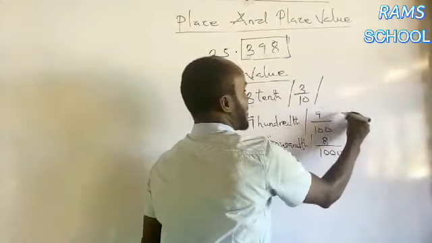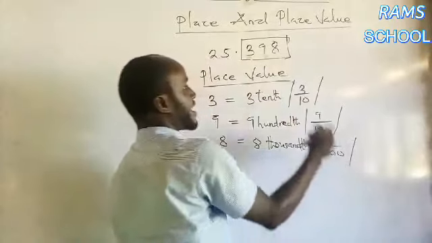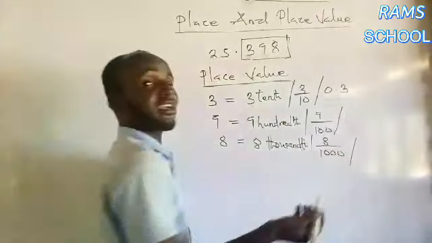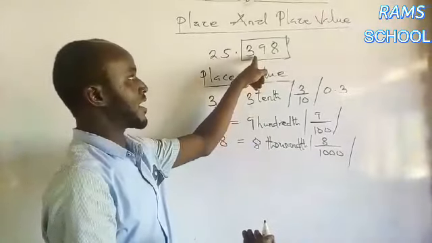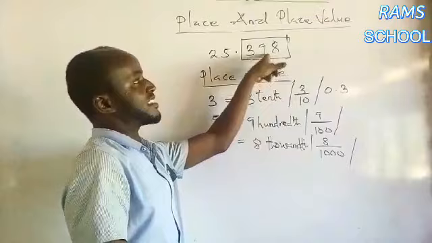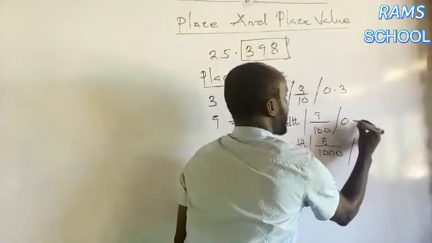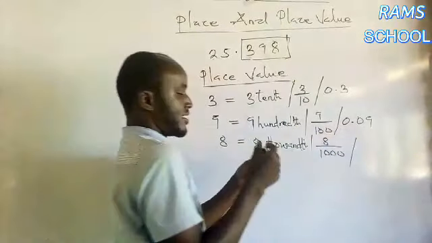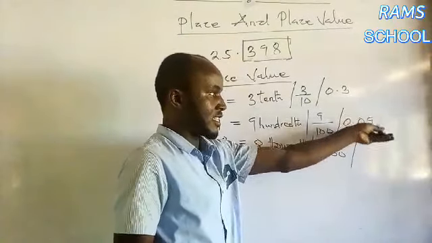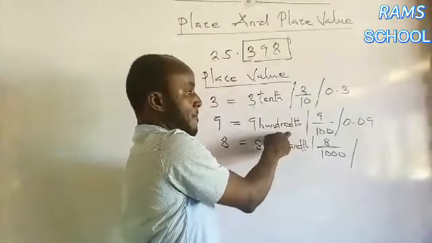Someone too can write it in the form of decimals, saying that the place value of 3 is 0.3. It's also correct. The place value of 9, you can say 0.09. Just make sure that the 9 is occupying the second decimal place because it's hundredths.